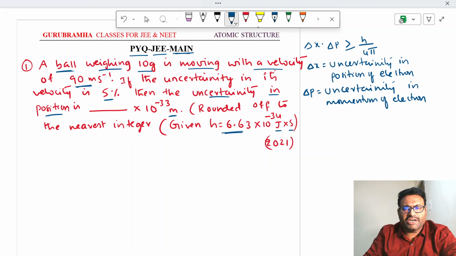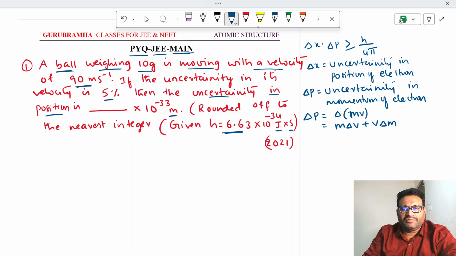So here delta p, we know that p is equal to m into v. So delta mv can be written as m into delta v plus v into delta m. As the mass of the electron is constant, we can write delta m is equal to 0.